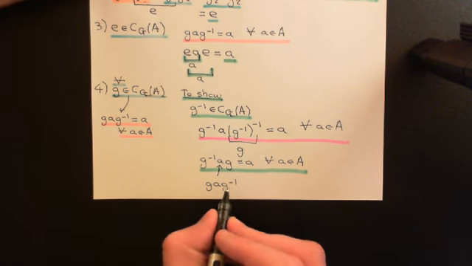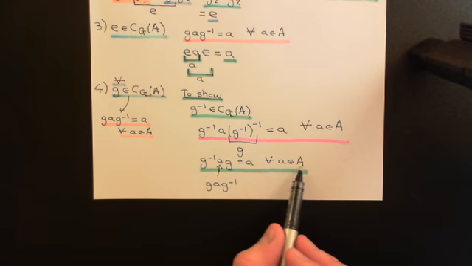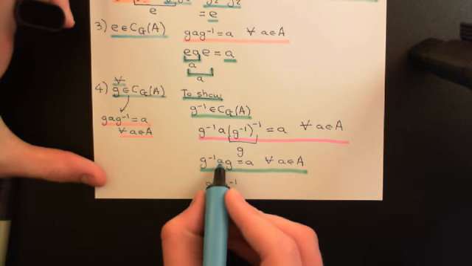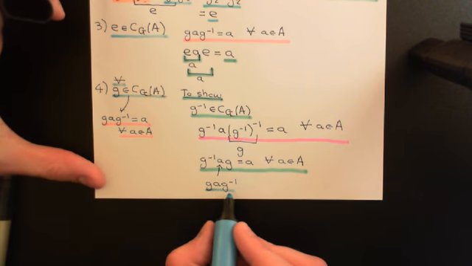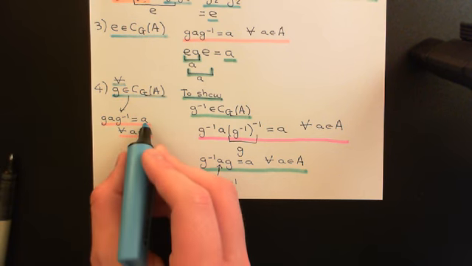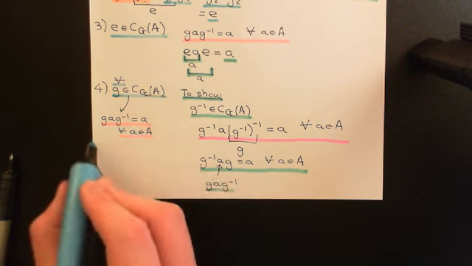That is perfectly true. Whatever little a you're working with in the set capital A, it's perfectly true to replace little a here with G A G inverse, because G A G inverse, whatever little a is, has to be equal to little a. That's exactly what I've got over here.